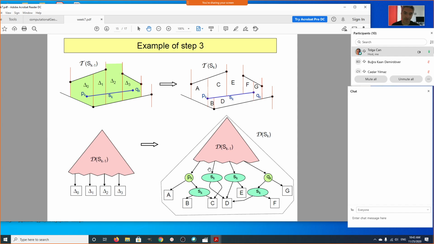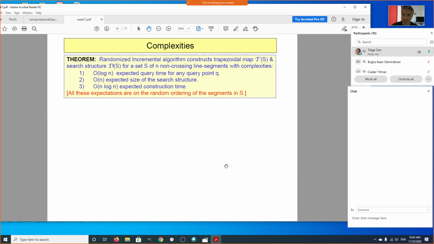Okay, so this is how we modify the search structure, and that's it. The complexity is expected log n. As I said, I'm skipping the randomized probabilistic analysis of the expected complexity of the search structure and the query time, but the expected size of the search structure is linear.